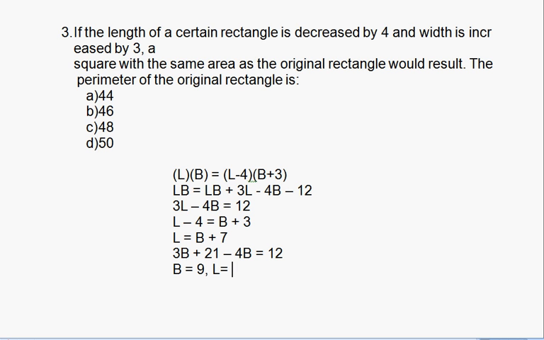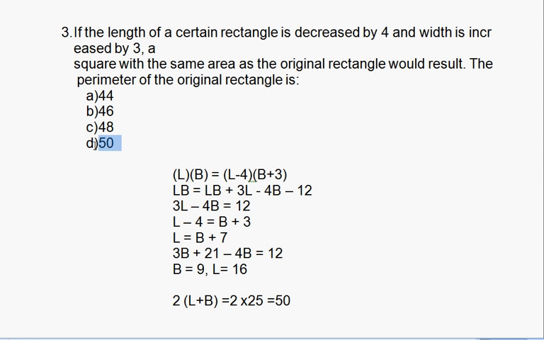L is B plus 7, L is equal to 16. So the perimeter would be 2 times L plus B, which is 2 times 9 plus 16, which is 25. So 2 times 25, which is equal to 50.